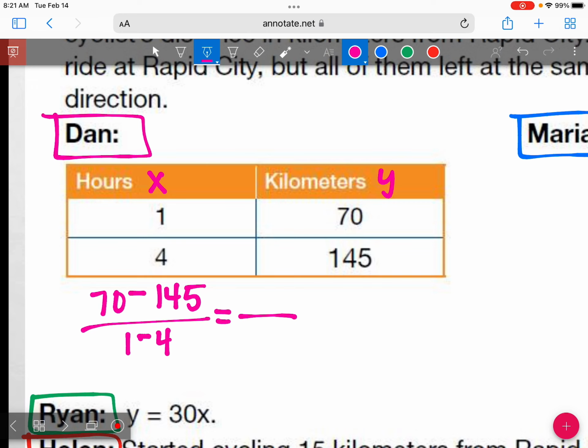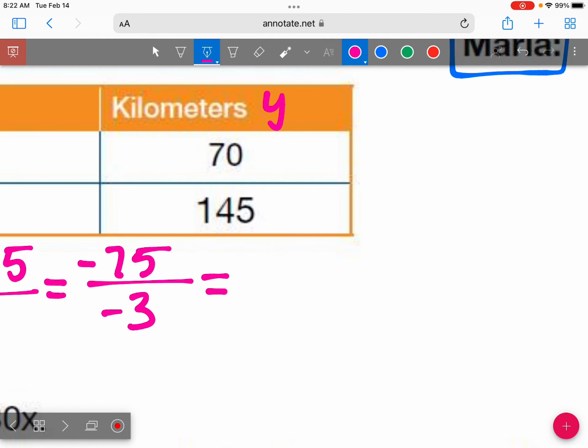What's 70 minus 145? 75. Gotta check it, sorry. Negative 75, yep. Negative 75. And what's 1 minus 4? Negative 3. What's negative 75 divided by negative 3?